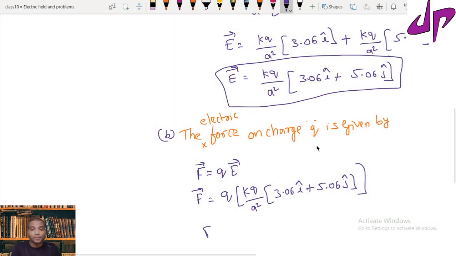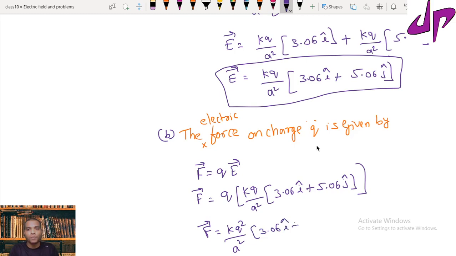So write the final expression: F bar equals k q square by a square of 3.06 I cap plus 5.06 j cap. This is the resultant force expression on charge q.